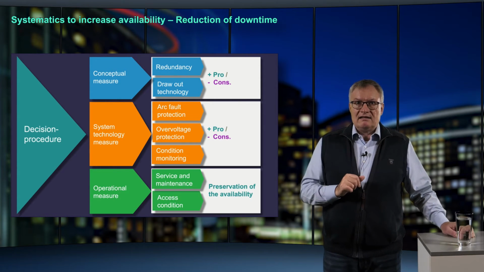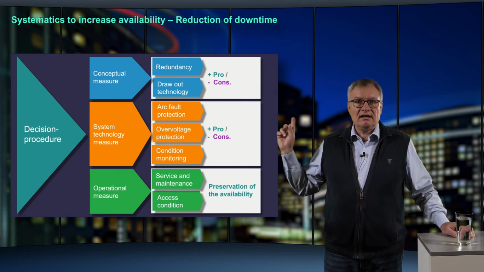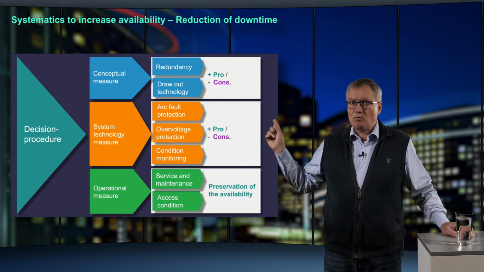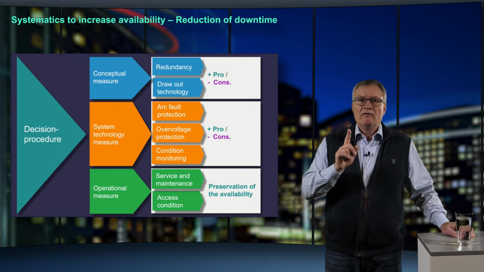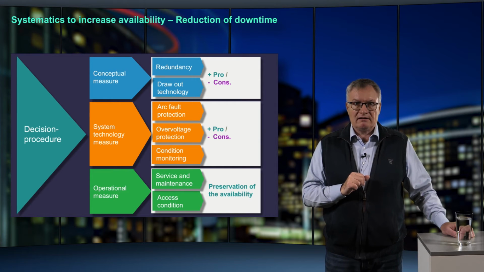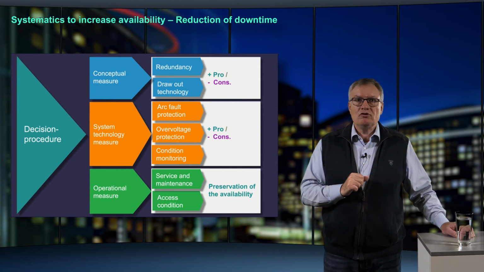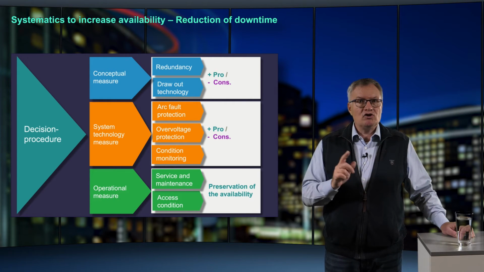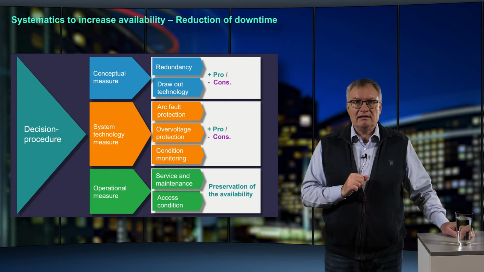At the latest, with the commissioning and testing of electrical equipment, operational methods for the preservation of availability during operation and maintenance must be defined. In addition to operational safety, this also includes the obligation to plan and implement suitable occupational health and safety measures.